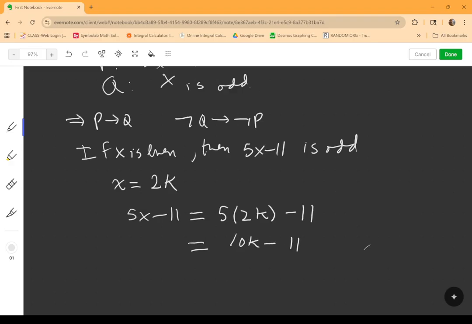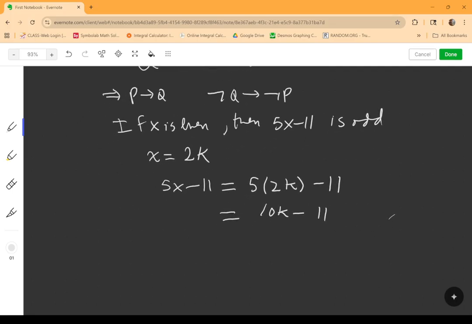I want to write this in the form that we're used to, so I'm going to rewrite the 11 as 10 plus 1, so 10k minus 10 minus 1.